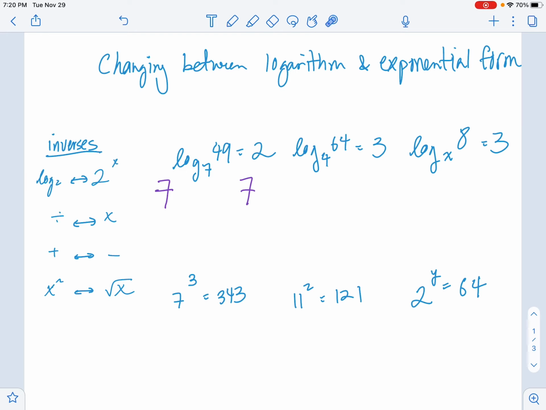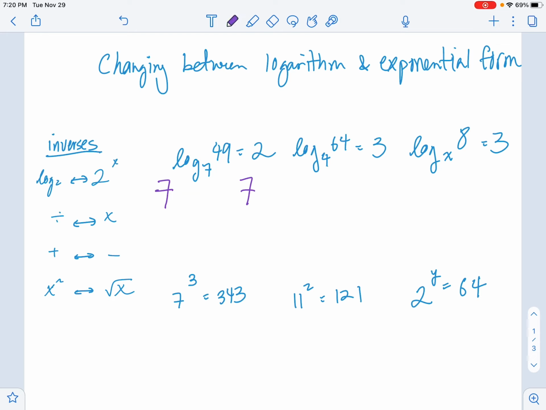I did 7 to both sides, just like I would do with adding. If I want to do the inverse, I would add to both sides to cancel it out, right? So I'm doing the same thing. I'm applying the 7 to the power of to this entire left side, but since I did it to the left side, I have to do it to the right side as well.